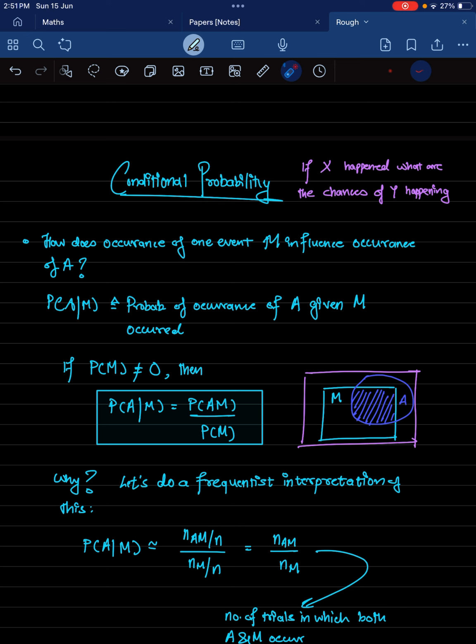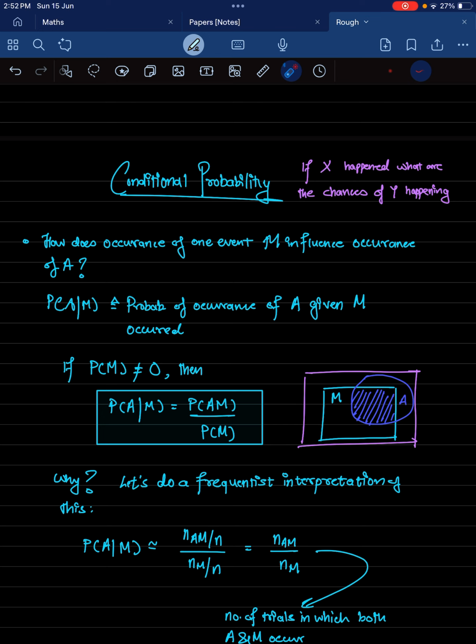Okay, so now the topic I'll cover in this video is conditional probability, which is all about these sort of questions. If an event X happened, then what are the chances that another event Y will happen? So in much better terms, how does the occurrence of one event M influence the occurrence of another event A?